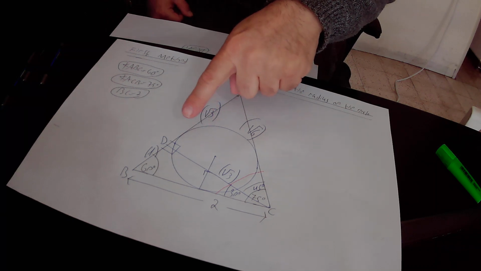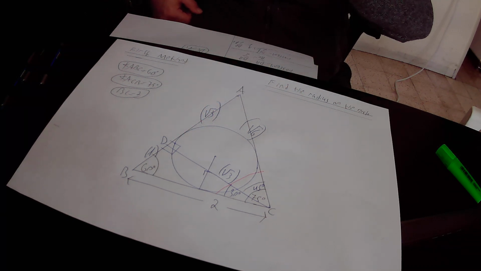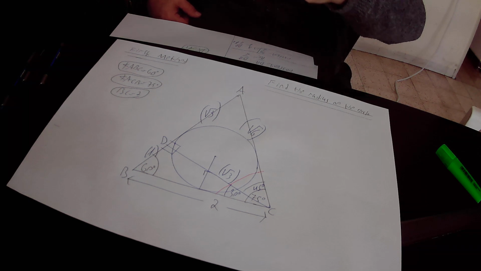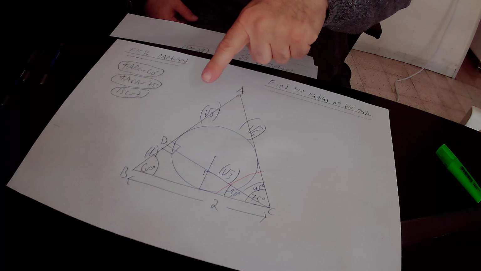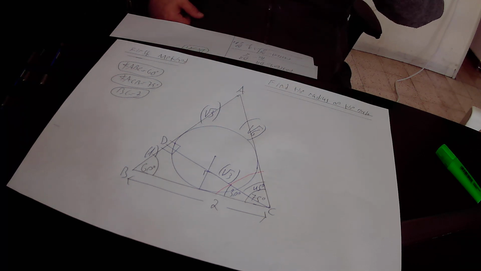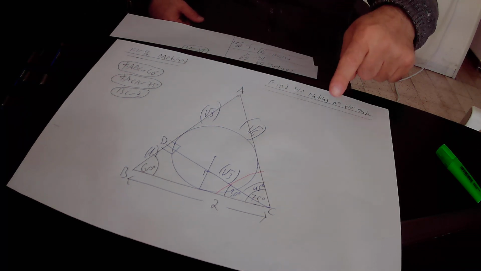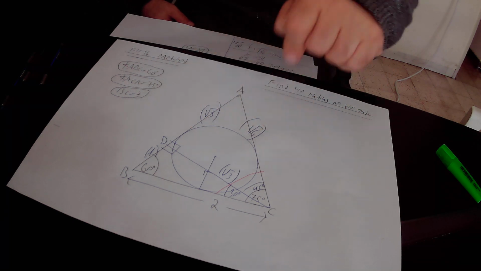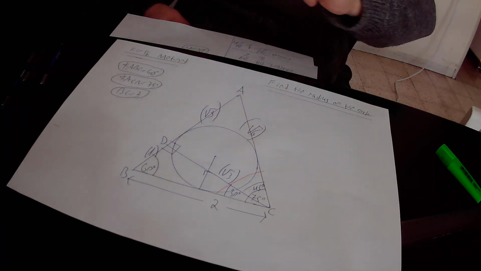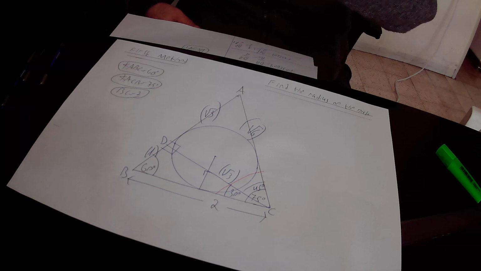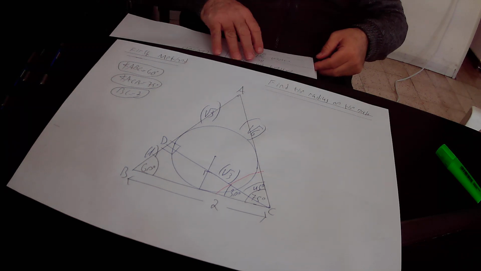So this angle equals 90 degrees and this angle equals 90 degrees according to our construction. We define the touching point of the perpendicular from point C and AB as D. By doing this construction, we render the right triangle CDB.